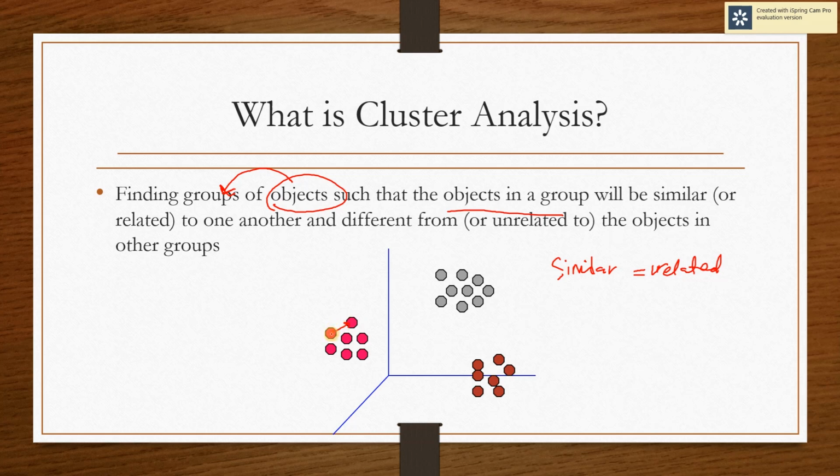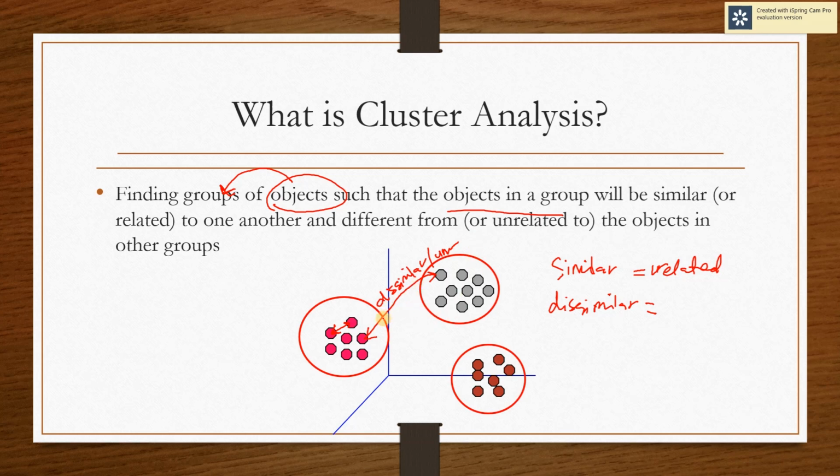For example, this one and this one are related. And you also have dissimilar, or we can say it is different from the other object, meaning it will be formed into another group. So this one can be considered as dissimilar or unrelated.